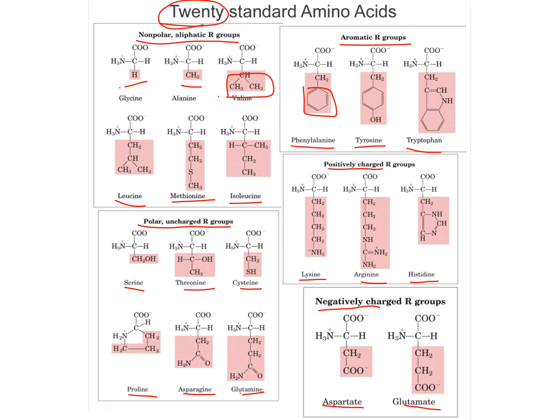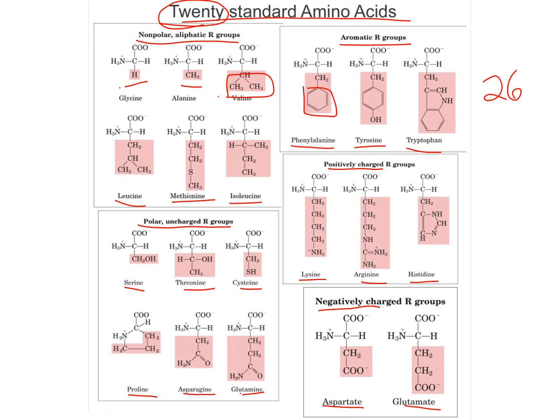Now that's a very important aspect of proteins, their structure. So we have 20 different amino acids, and with this we can get hundreds of thousands of different types of proteins. If you think of an analogy of language, in language we have 26 letters in the alphabet, and we can create hundreds of thousands of different words by using different numbers of letters and organizing them in different ways.